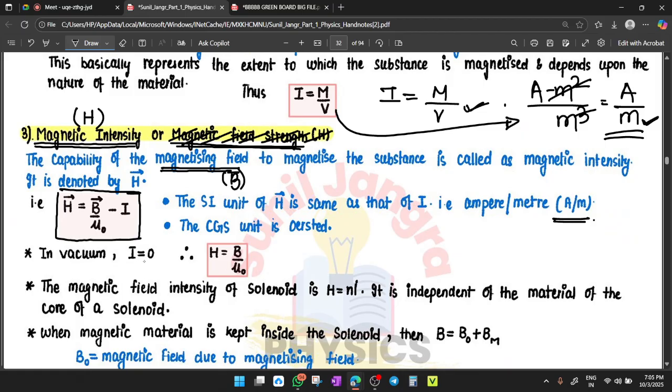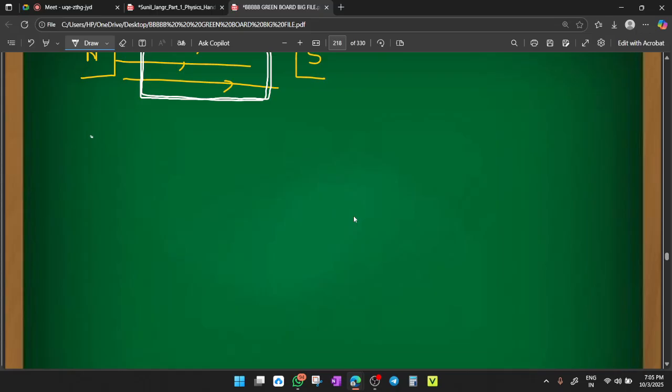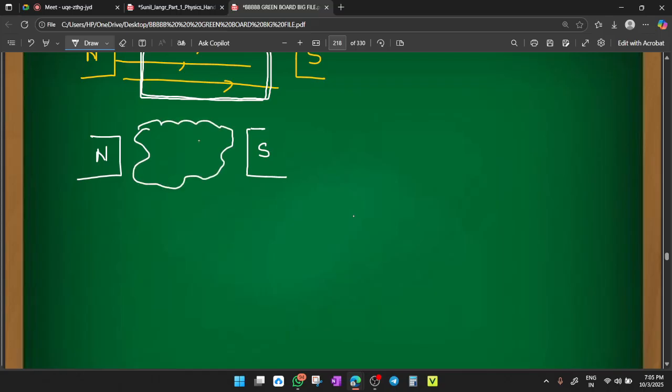Now the formula for vacuum. Here is the north pole and this is the south pole, and the medium present here is a vacuum. In vacuum, no gases are present, so no molecules and no atoms are there.